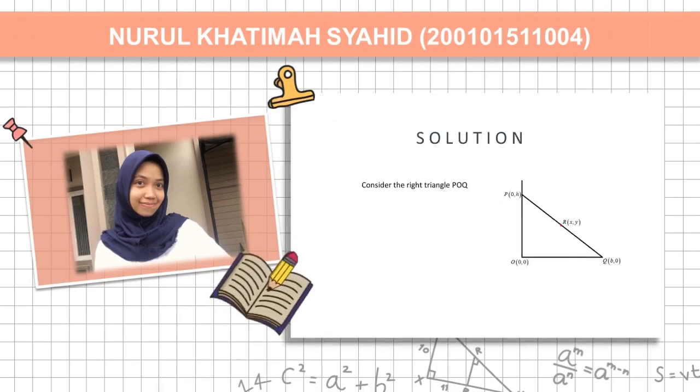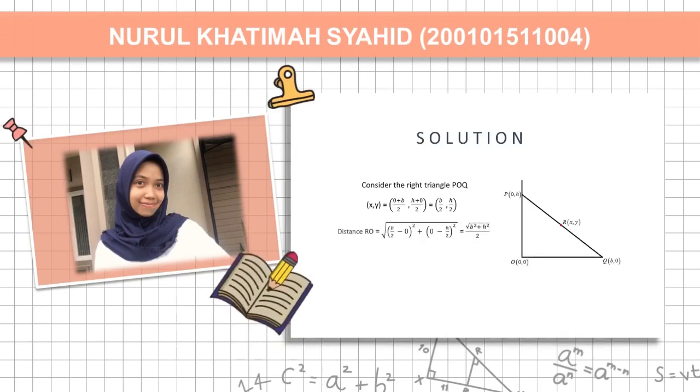In this question, they consider the right triangle POQ. Now, if R(x, y) is the midpoint of the hypotenuse, then its coordinates are (x, y) equal to (0 plus b divided by 2, h plus 0 divided by 2), which is equal to (b divided by 2, h divided by 2).